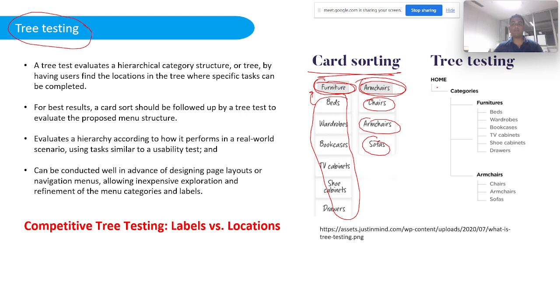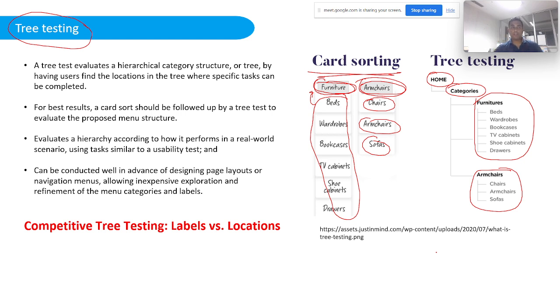So the website that a designer has developed has a hierarchy like home. Then you have categories. Under categories there is the furniture group that is defined from card sorting. Then you have the armchair group, which is also defined. Now here we are testing different hierarchies for their ease of navigation and for their ease of access.